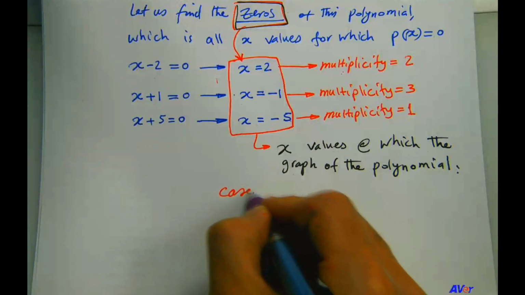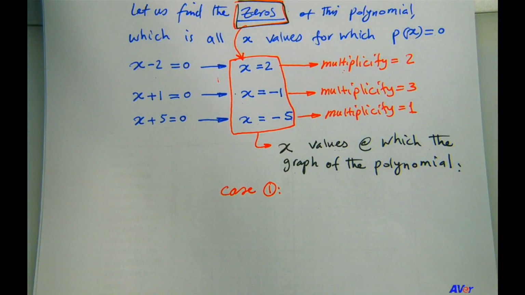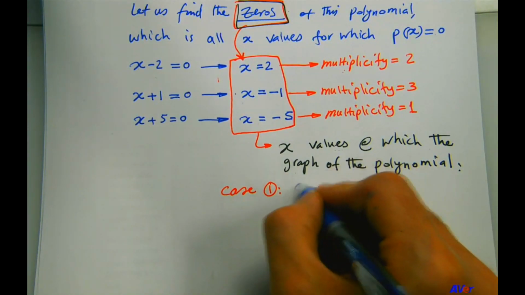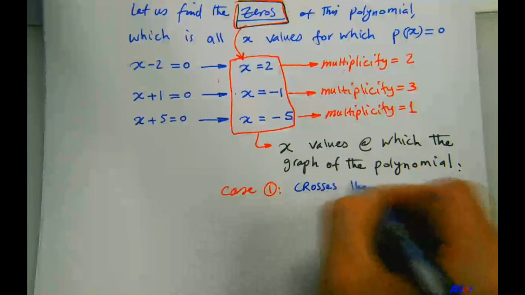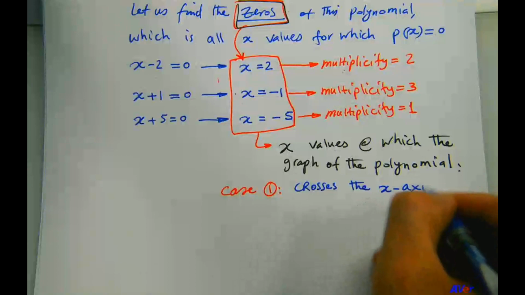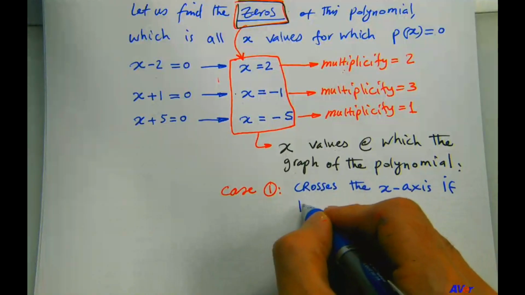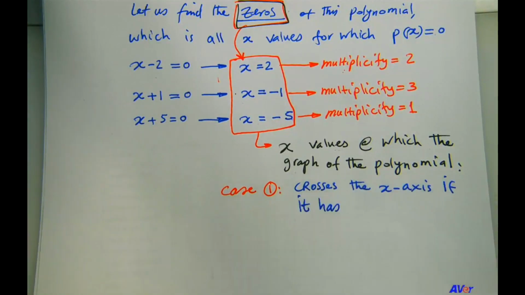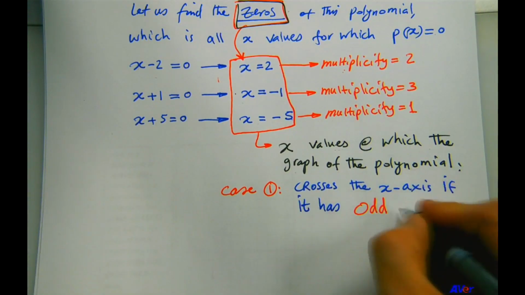So, these are x values at which the graph of the polynomial, there are two possible cases. Case 1, the graph of the polynomial crosses the x-axis if it has odd multiplicity.